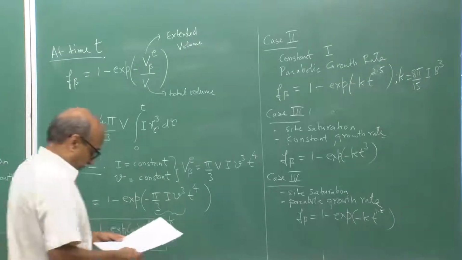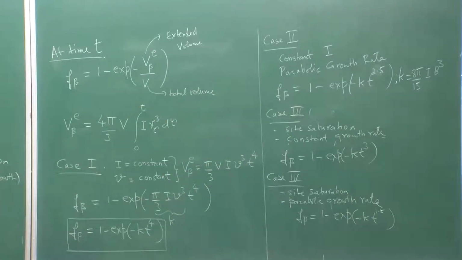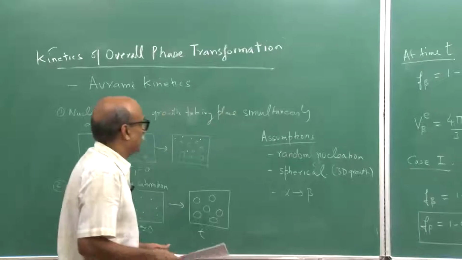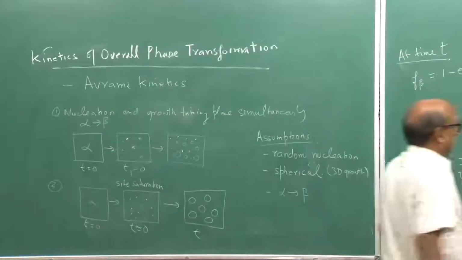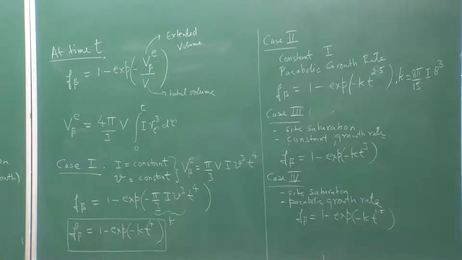So, looking at this, and there can be various other combinations that one can analyze, and hence we can write the general form of the Avrami kinetics.